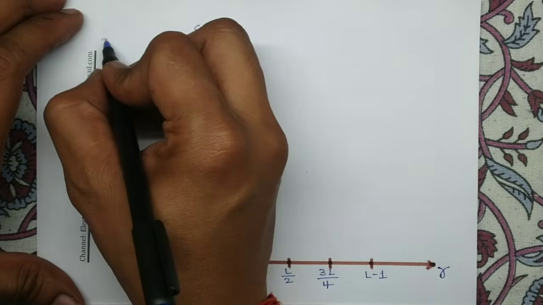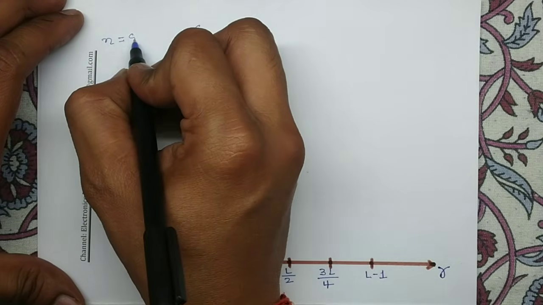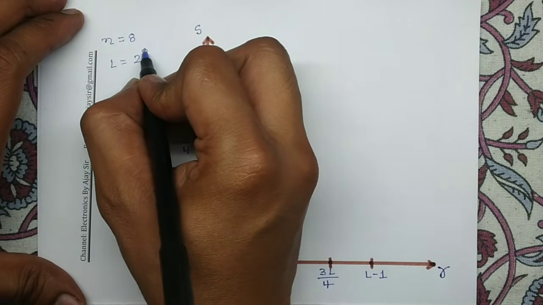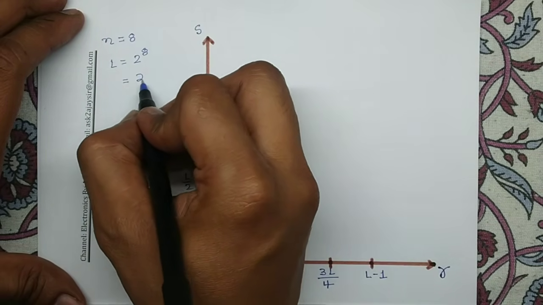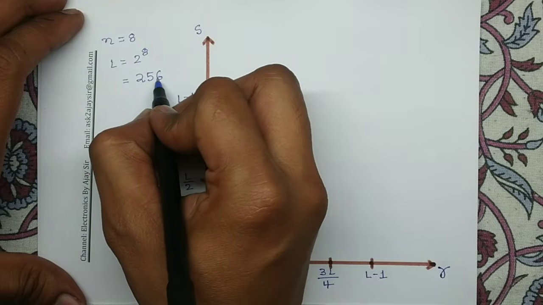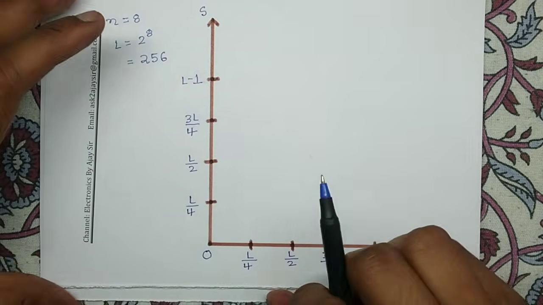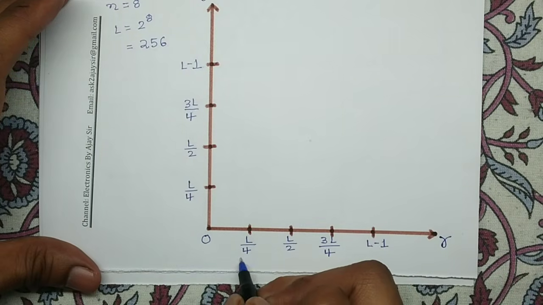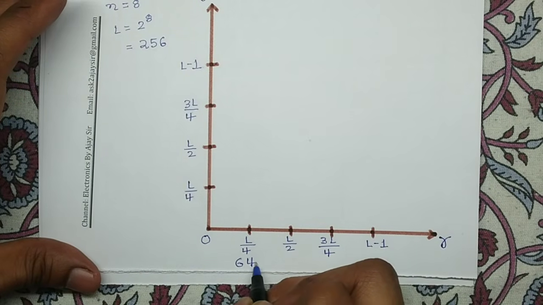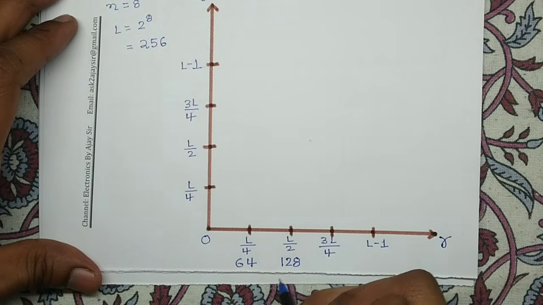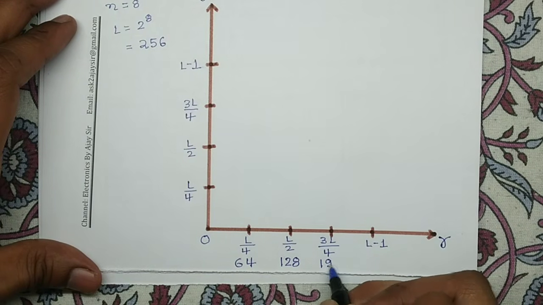So for an 8-bit digital input image, if n is equal to 8, L is equal to 2 to the power 8, that is equal to 256. So if L is equal to 256, L by 4 is equal to 64. L by 2 is equal to 128. 3L by 4 is equal to 192.